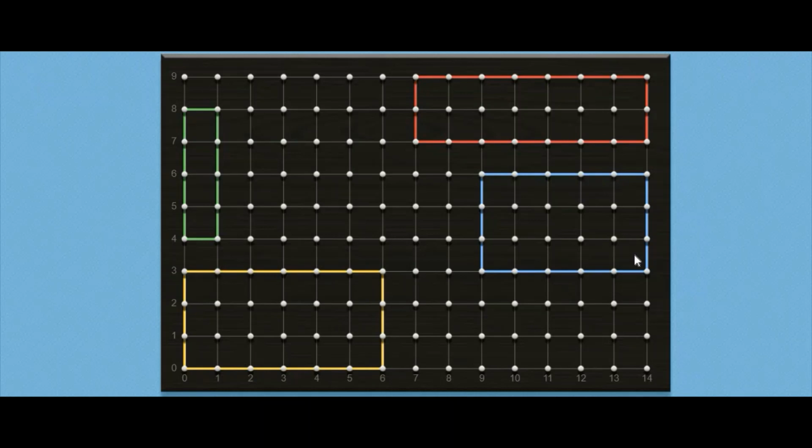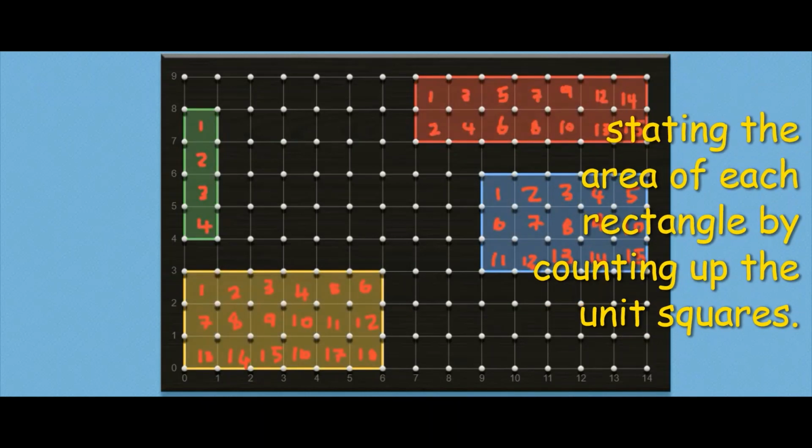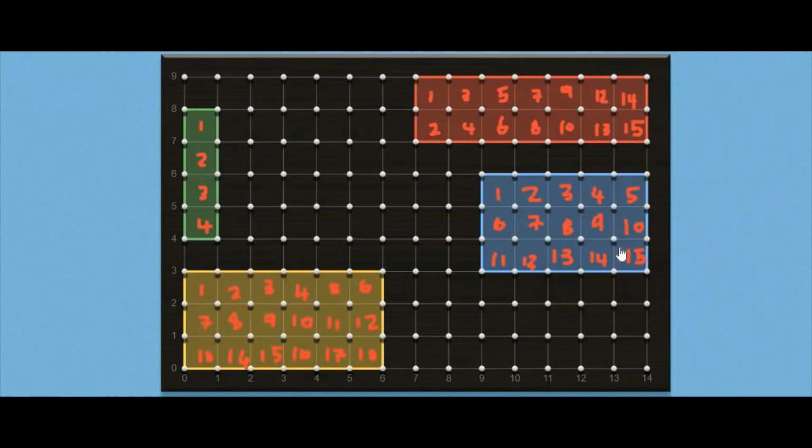Let's highlight the area of each of the shapes. So you can see I put in the numbers, I count up each of the squares in each area. So you can see the total amount of squares for this one is 18, so the area is 18 square units. For this one, the total amount of unit squares is 4, so the area is 4 square units.